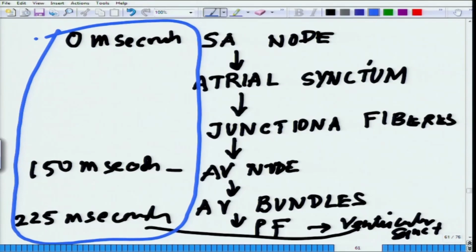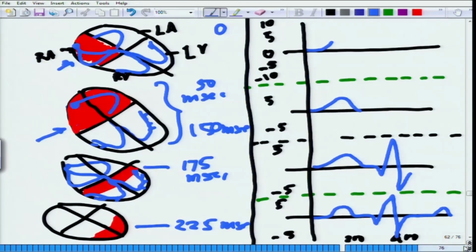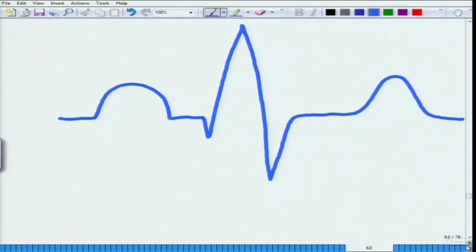Now, I showed you in a diagrammatic manner how the electrical impulses are getting transmitted. So, now coming back to giving the nomenclature, what is essential? Let me use another color for better understanding. This one is called P. This is called the QRS complex.